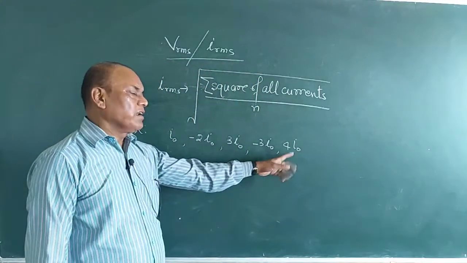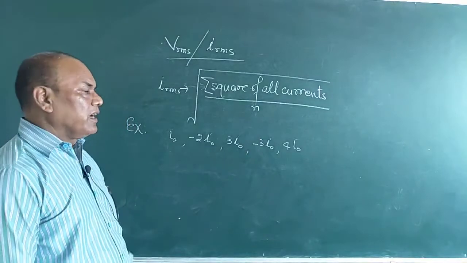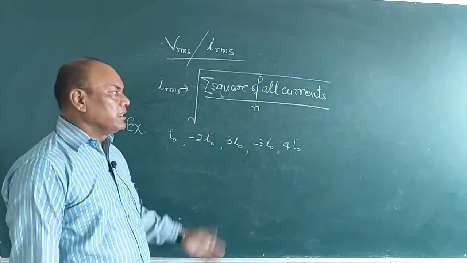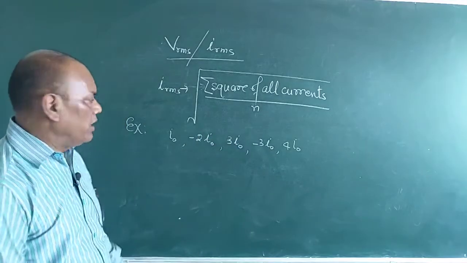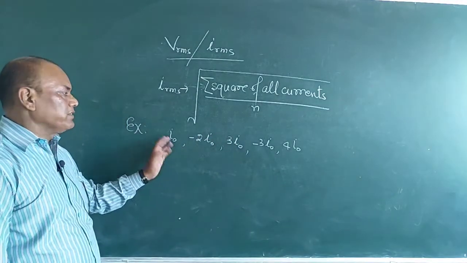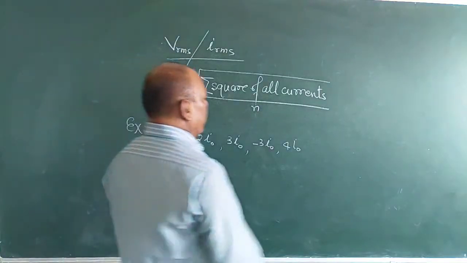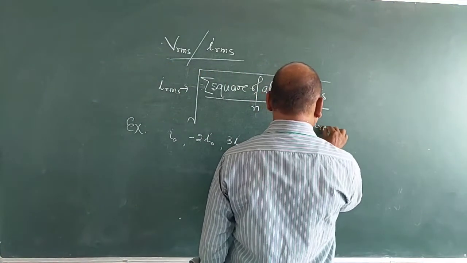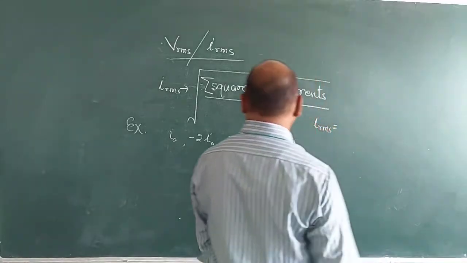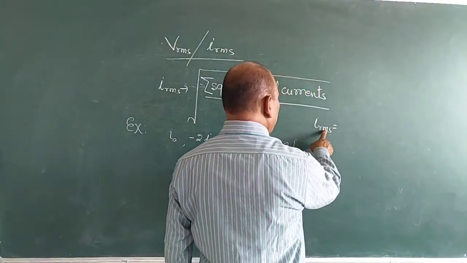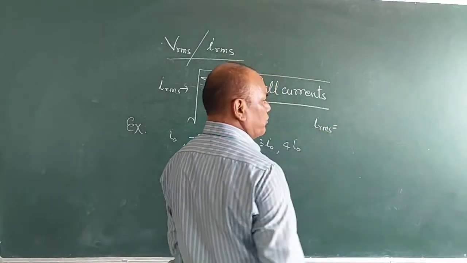If we are given these 5 currents and we have to find their RMS value, how will you find IRMS? IRMS is equal to, first we square, then we take the mean, and then the square root.